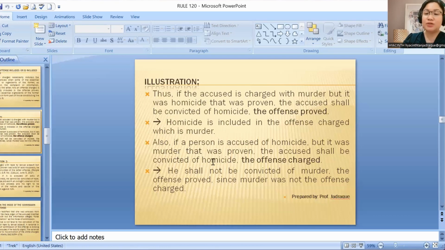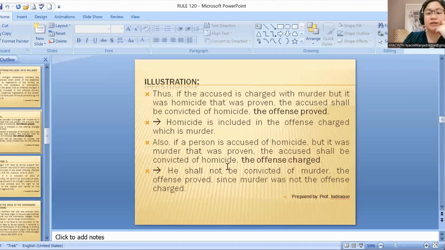Hence, under this circumstance, the accused can only be made guilty of homicide, which is the offense charged. He shall not be convicted of murder, the offense proved, since murder was not the offense charged.